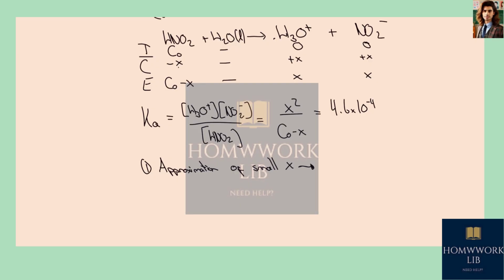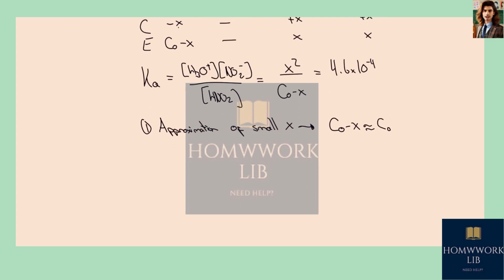So let's verify what is the result that we are going to find through this small x approximation. Under this approximation, C0 minus x is going to be approximately equal to the value for C0. It is usually going to work well for x less than or equal to 5% of the value for C0. So we're going to verify that at the end.